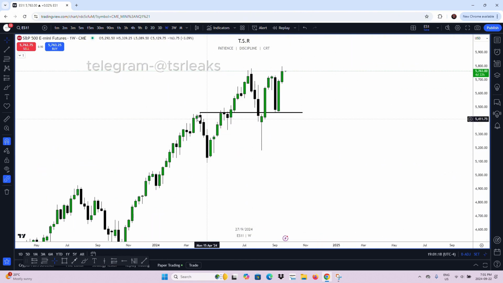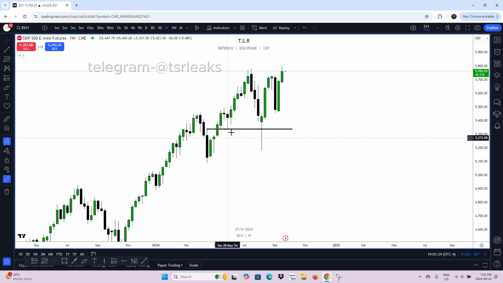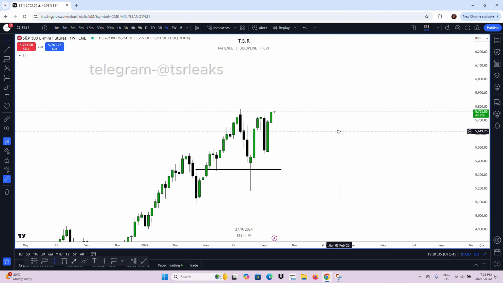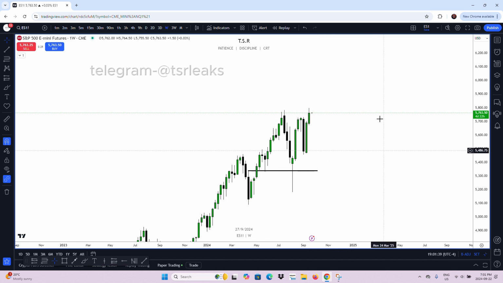How do you do this? Notice how this is the thick down close candle that aligns with this low. We will turtle soup the low, hitting a key level, enter long, targeting the opposing end. So opposing end of what? Of this range.